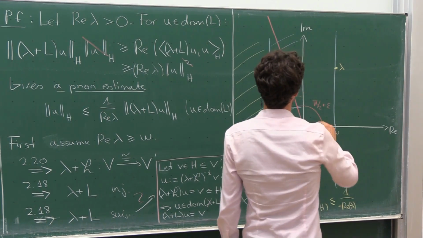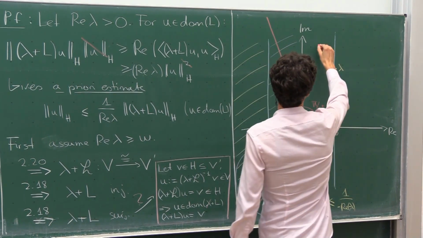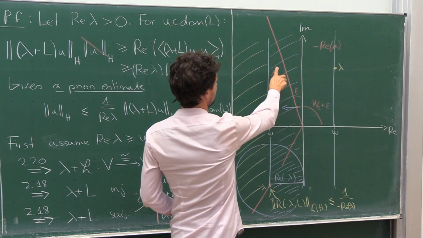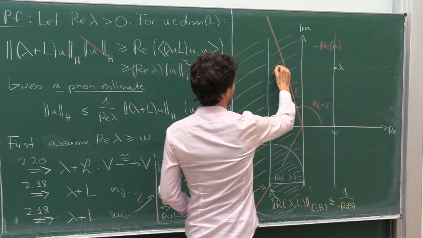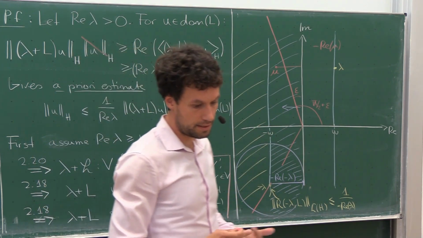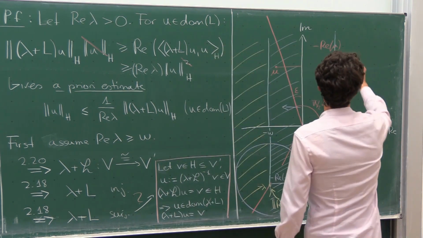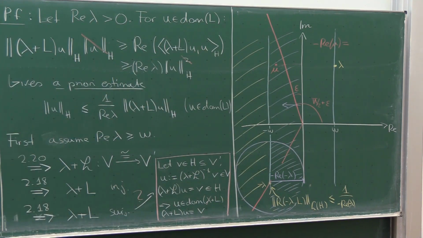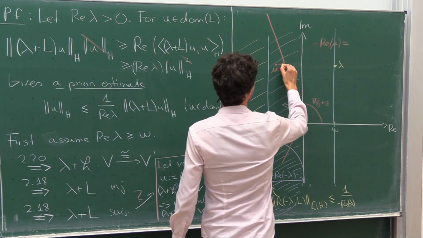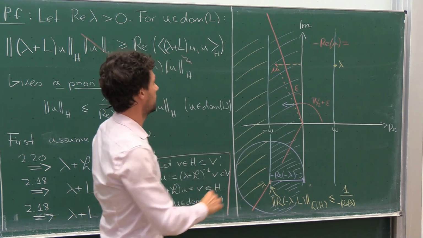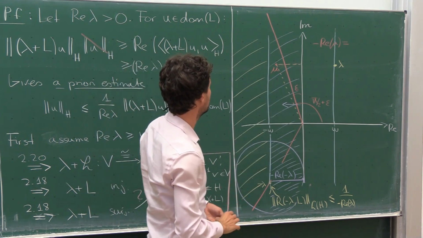And then you realize that minus the real part of mu, which is this length over here, is just the same as... I have enough colors to make it another color in this drawing. Just have to find the one that I haven't used so far. Okay, so think of it like this. Then there's a right angle triangle.